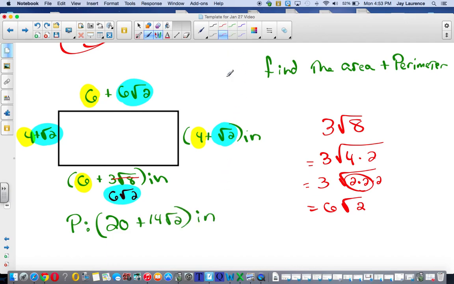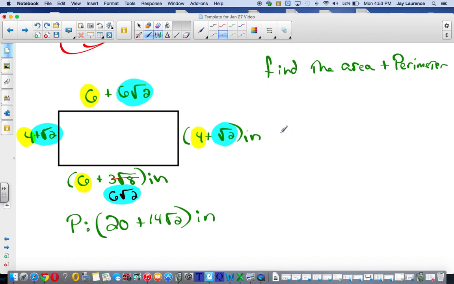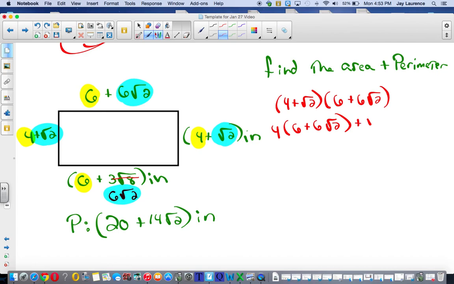All right. Now to do the area, it's a double distribution problem. I'm going to take 4 plus rad 2 as a quantity times the quantity of 6 plus 6 rad 2. Remember, I simplified that. I'm using the simplified form. And I'm going to double distribute: 4 times 6 plus 6 rad 2, plus rad 2 times 6 plus 6 rad 2.